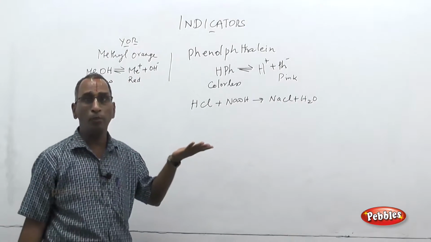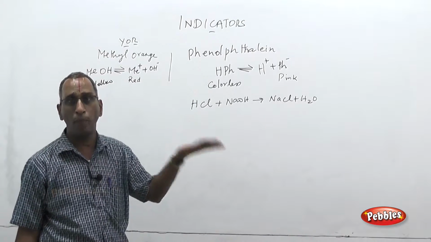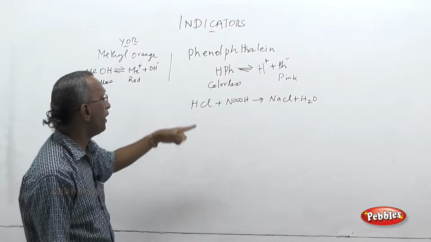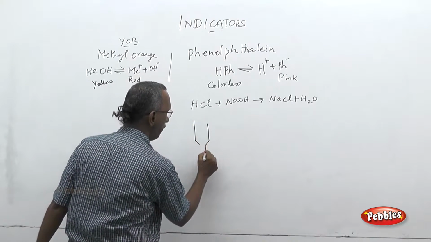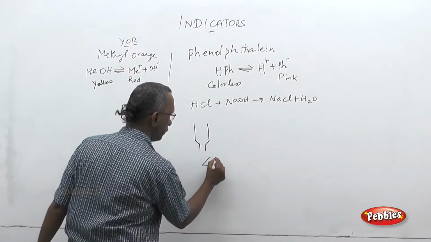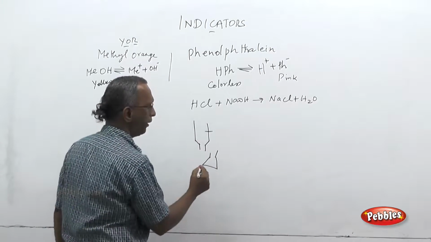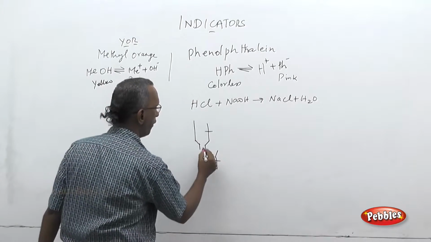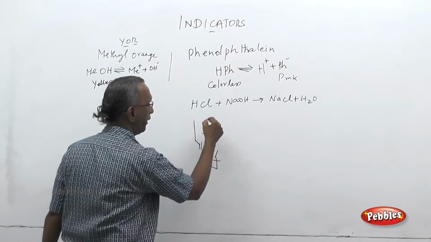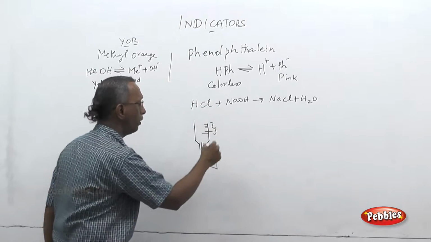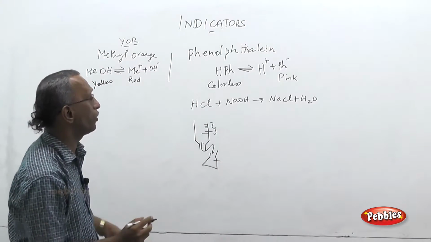So, it is not possible to estimate the course of reaction or completion of reaction. Following the reaction is called titration, where we take two reagents, one is taken in the burette, another one is taken in the conical flask. The burette is graduated, we are measuring the observed volume, what is the volume added for the completion of reaction.